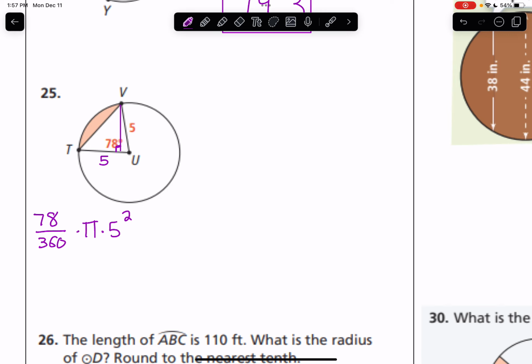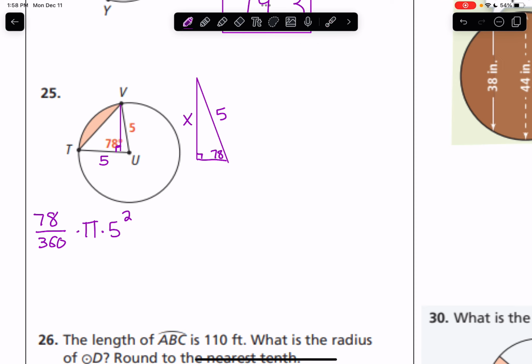Well, let me draw this little skinny right triangle bigger over here so you can see. This little skinny right triangle has a 78-degree angle in the corner and a hypotenuse of 5. If I'm finding the height here, standing on the 78, I have opposite and hypotenuse.